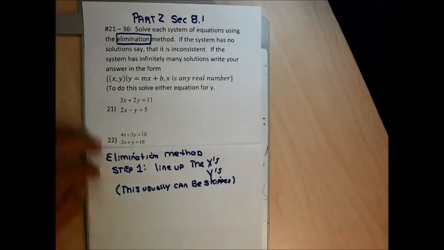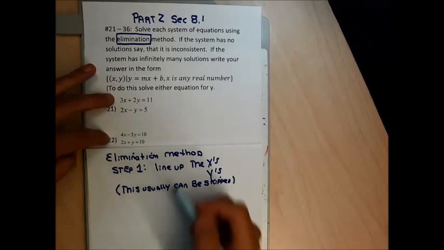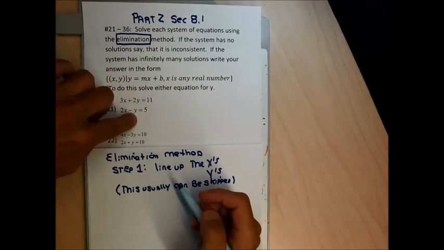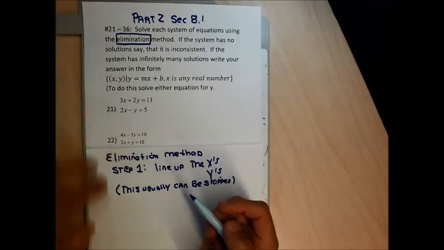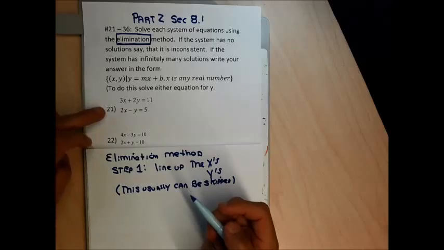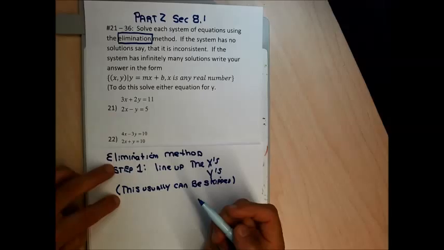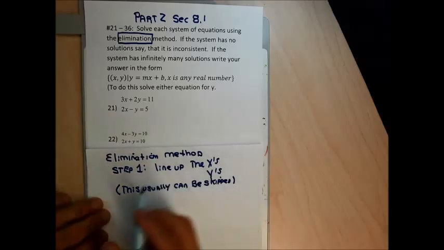So if I look at problems 21 and 22, in 21 the x's and the y's are right on top of each other. That's what I mean by lined up. And that's the same case for 22. So in both of my problem 21, my problem 22, and your problem 21, the x's and y's are lined up. This step can usually be skipped.